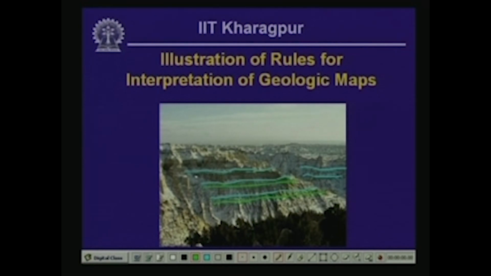If you look at the plan of this area, the area is perhaps like this, the topographic contours are going to be like this, whereas the stratigraphic contours in this case are going to be somewhat like that.